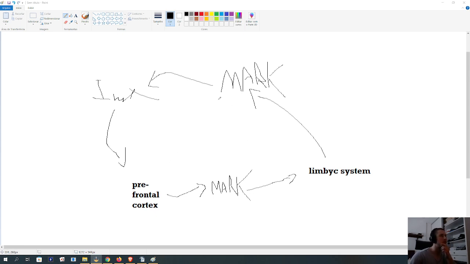Which only increases the asymmetries of power and control of the system, and then this is what eventually leads to the collapse of the society, I think.